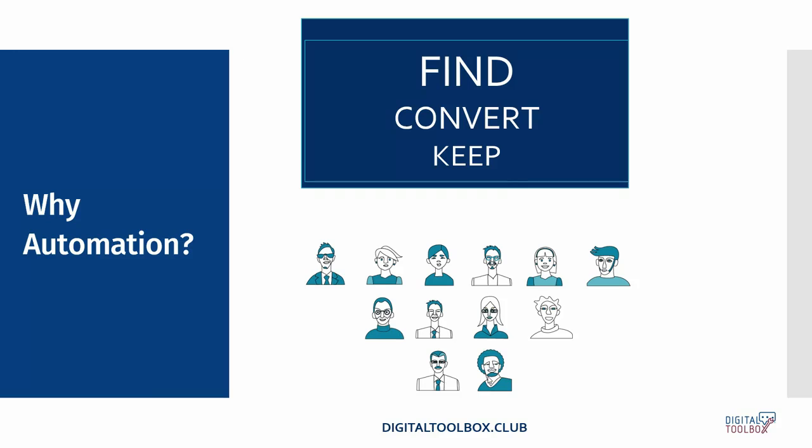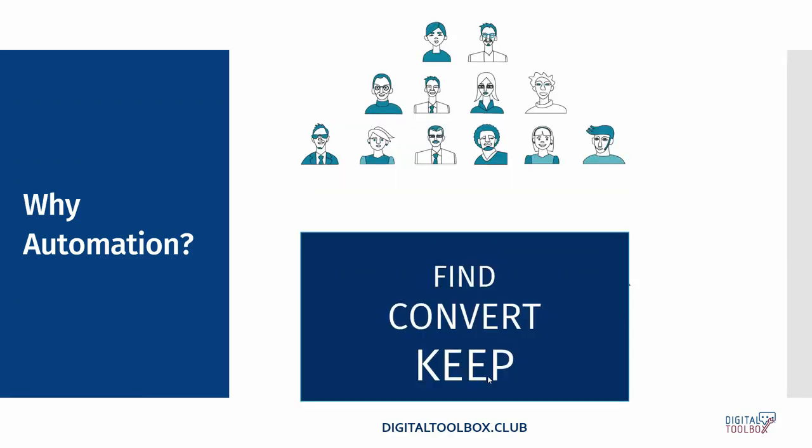Marketing automation allows you to flip the sales funnel so that you spend a little bit of money finding prospects, a lot of energy and resources focused on converting, and the majority of your resources are really spent here in cultivating long-term relationships with customers so they come back and refer you to other people.